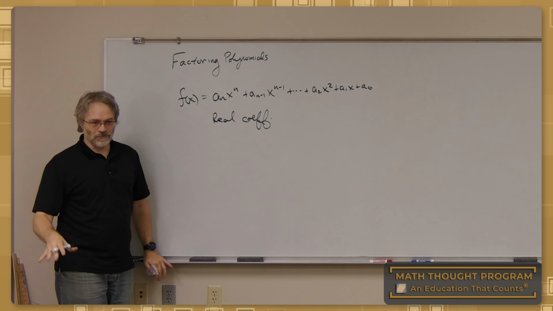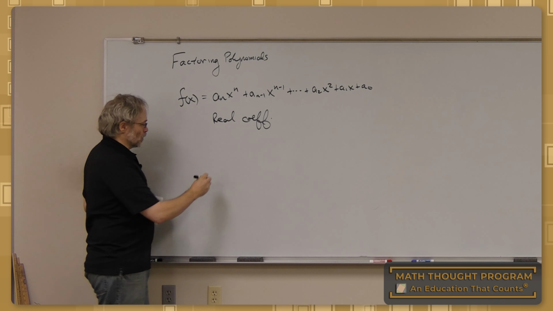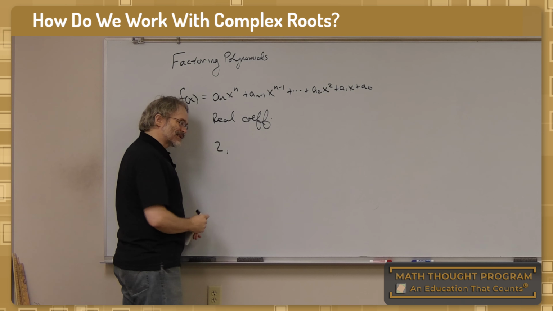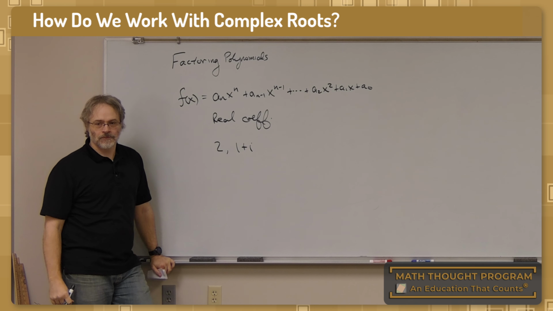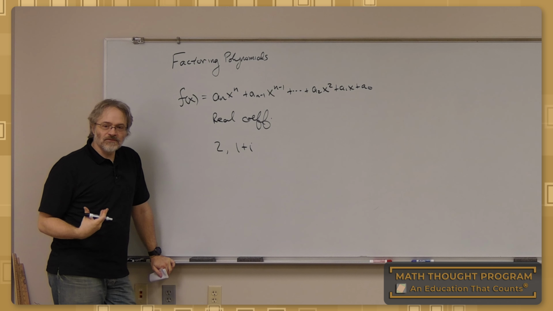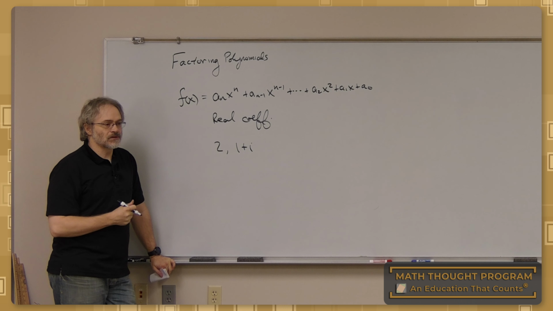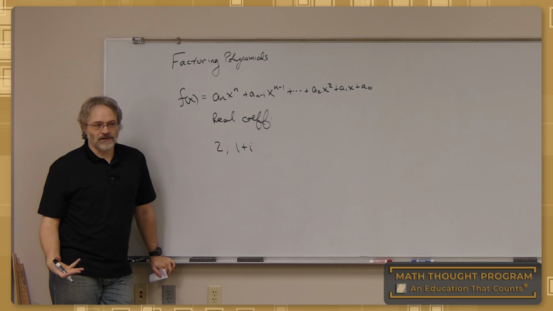Okay, that's important. Let's say that I have a polynomial and I'm going to have roots of 2, and let's get a little complex, 1 plus i. And I want to develop a polynomial which will have that structure, which will have those roots. And answers could definitely vary.